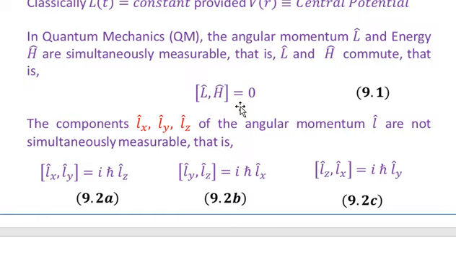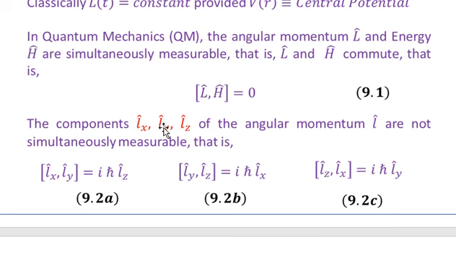Since that is equal to 0, it means that L times H is equal to H times L. That is, L and H commute. When they commute, it means that they are simultaneously measurable. That is, both L and H can be measured simultaneously in a single measurement. So this is equation number 9.1.